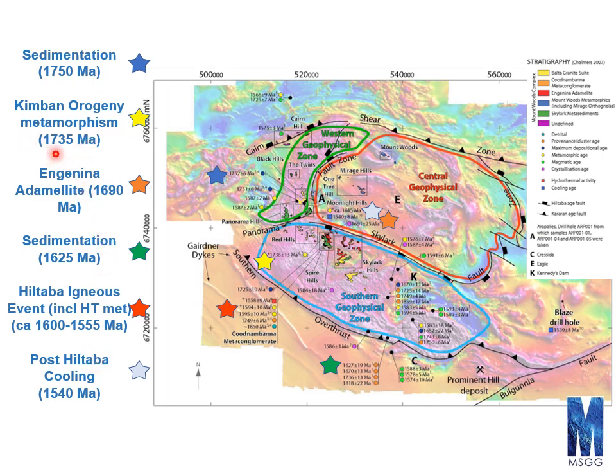We understand there's a metamorphic event at 1735, an igneous event at 1690, and there was a period of sedimentation that's largely recorded down the southern side of the Inlier, and then we have constraints on the igneous activity that's related to the Hiltaba event, and then post the Hiltaba event we have argon ages that tell us information about the cooling. And of course that provided a context to help us interpret other elements of that. And some of that data has been gleaned from outcrops, and others have been gleaned from drill hole data that's related to the exploration.